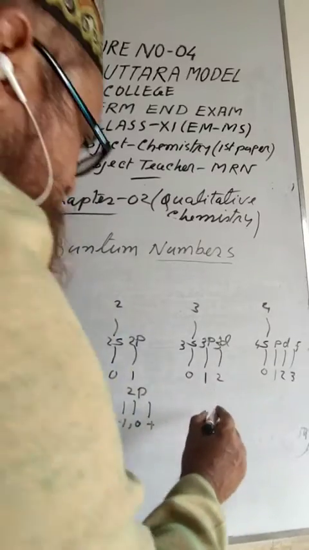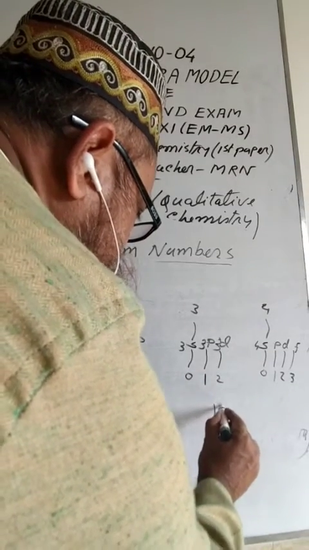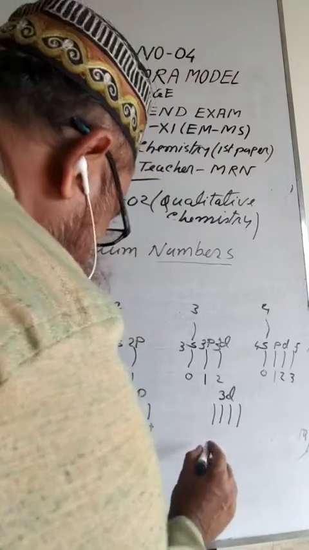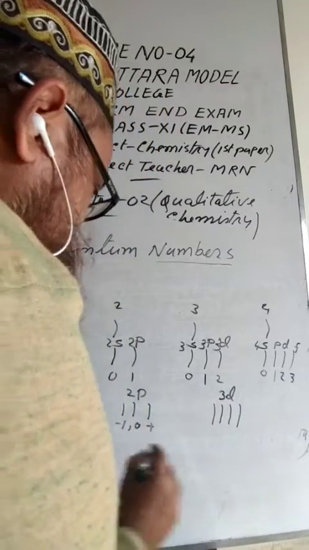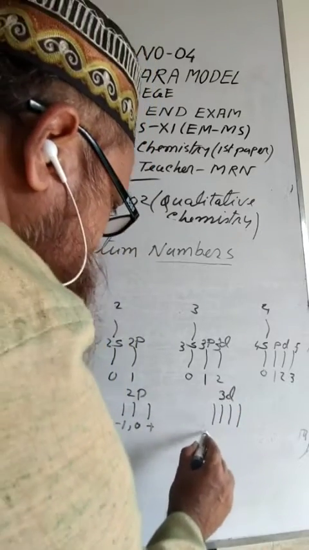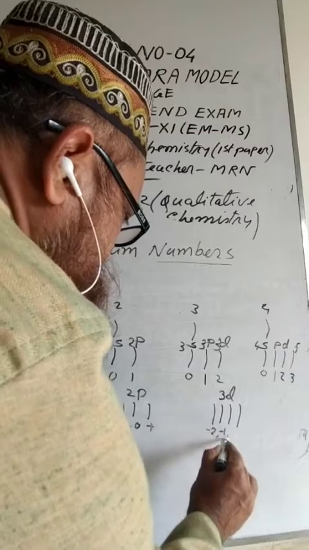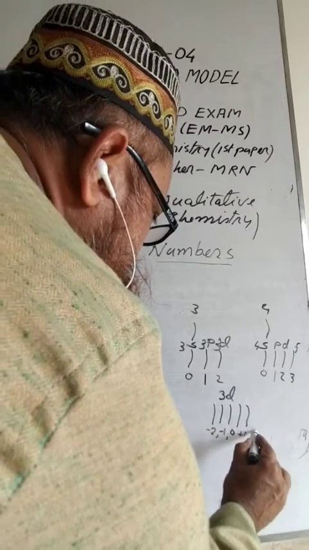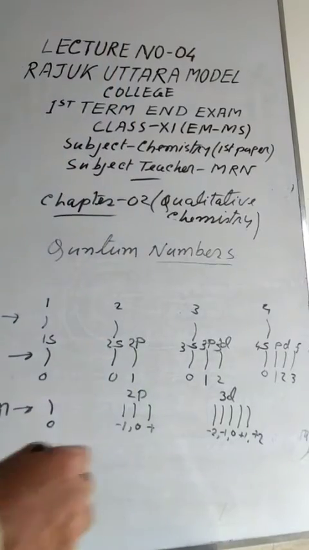All D will be divided into 5 parts. For D, L is 2, so the magnetic quantum number will be minus 2, minus 1, 0, plus 1, plus 2, and so on.